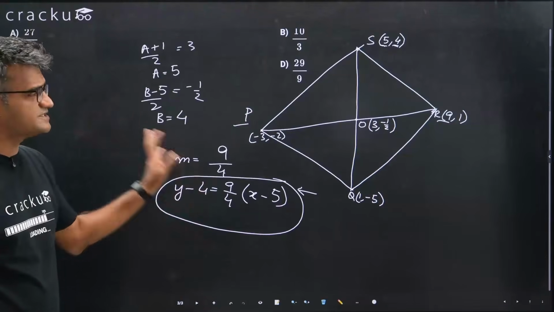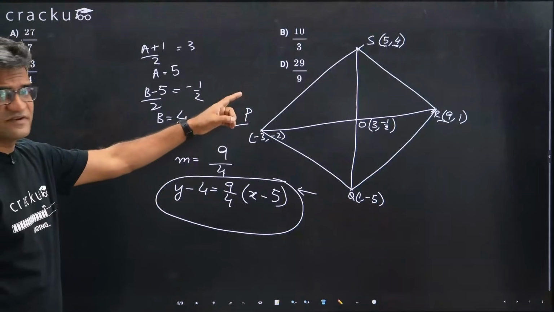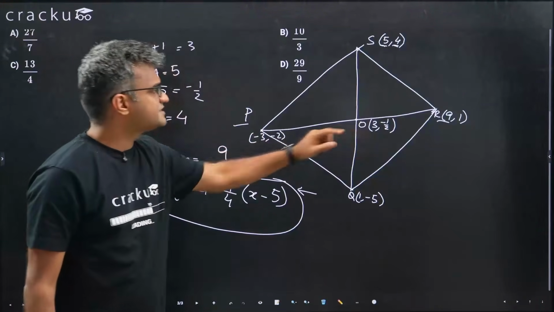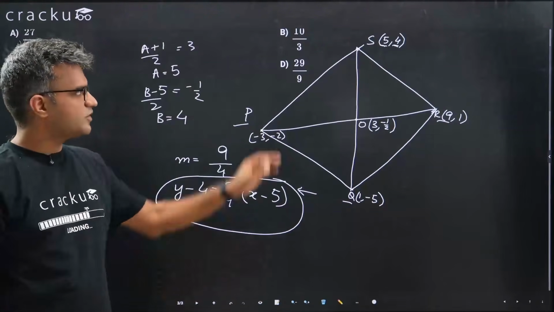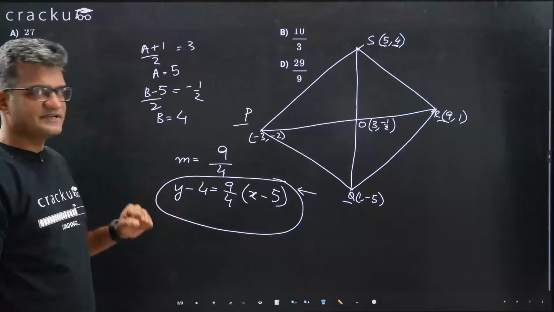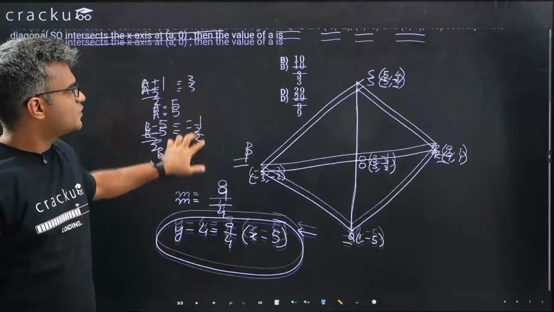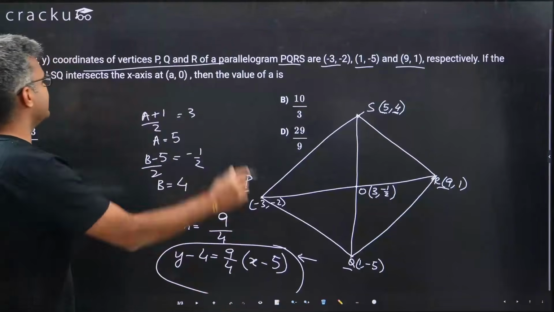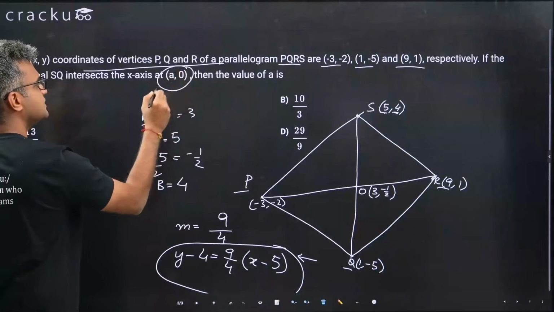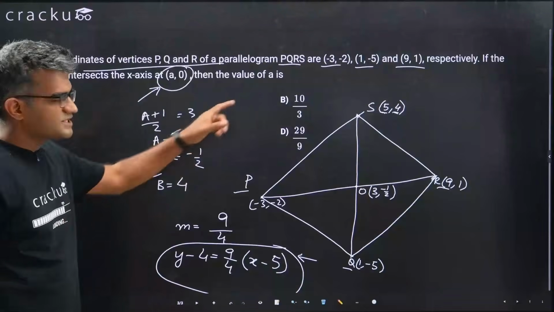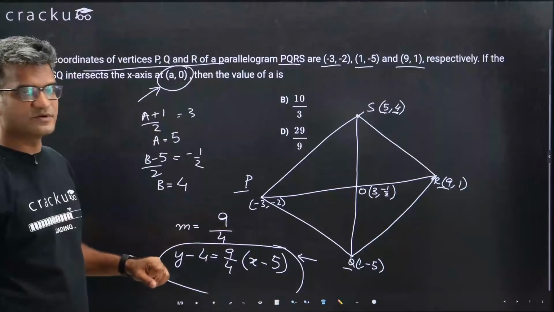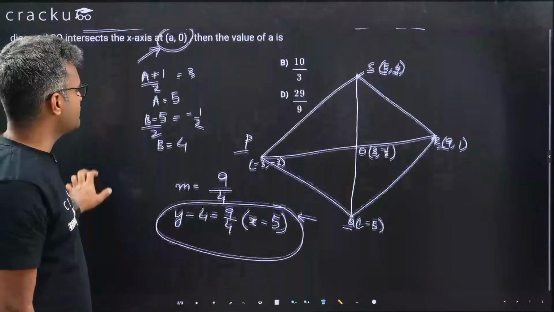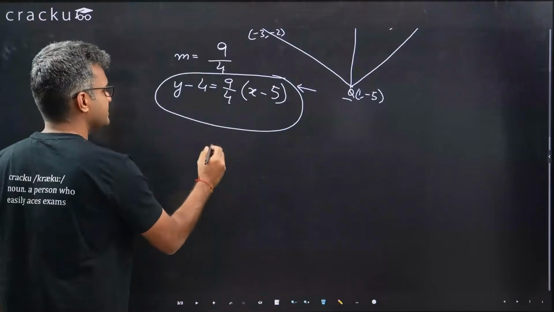So every point on the line SQ will satisfy this given equation. S will satisfy this equation, O will satisfy this equation, Q will satisfy this equation. We are told that this line intercepts the x-axis at a point a comma 0. So a comma 0 also lies on the line SQ. Therefore, a comma 0 will also satisfy this equation. So we'll just substitute the value of x to be a and y to be 0.